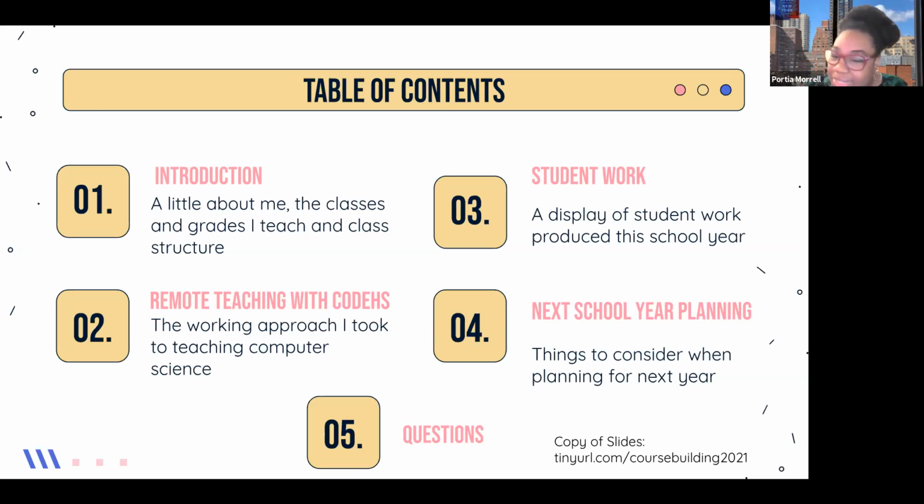A display of student work that was produced this school year from a group of my students, as well as some strategies for next year, because we are ending this school year. I'm sure many of you are planning for next school year, so these are just some ideas that I'm personally considering. I also added them as some advice if you're interested. And last but not least, we have questions. You can ask all of your questions at the end.